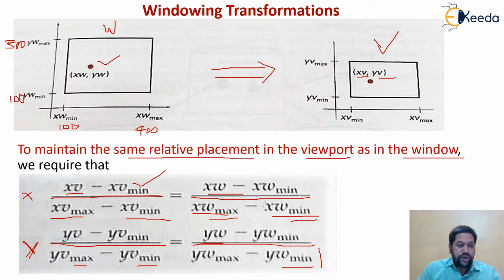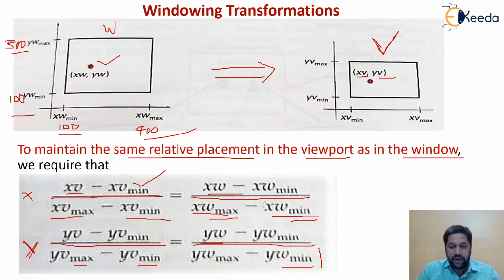But whether I have the same size for the viewport: here xw minimum is 100, xw maximum is 400, y minimum is 100, y maximum is 300, but not necessarily will I have the viewport with the same values.